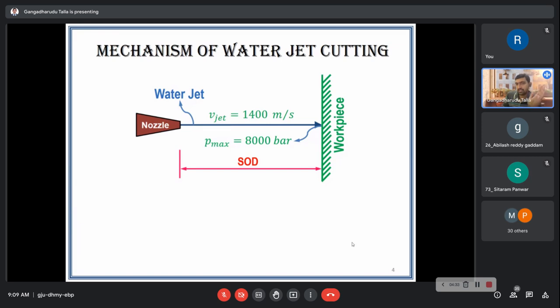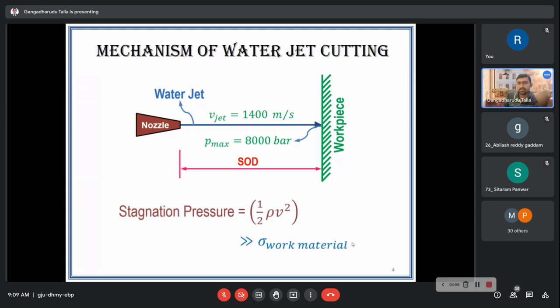Both are very, very high. 1400 meter per second is very fast, and the maximum pressure of 8,000 bar is very, very high. If you talk about 10 bar, that is also a good amount of pressure. Now we are talking about 8,000 bar. High intensity is there.